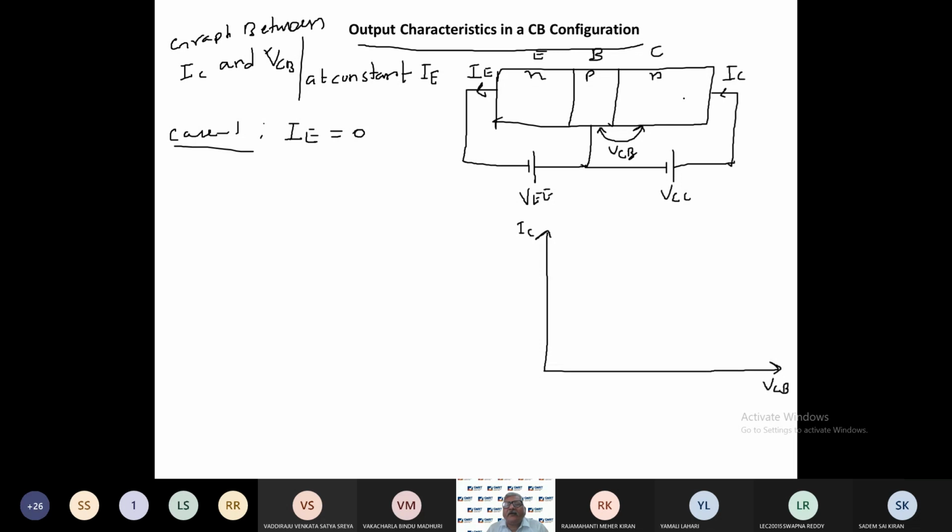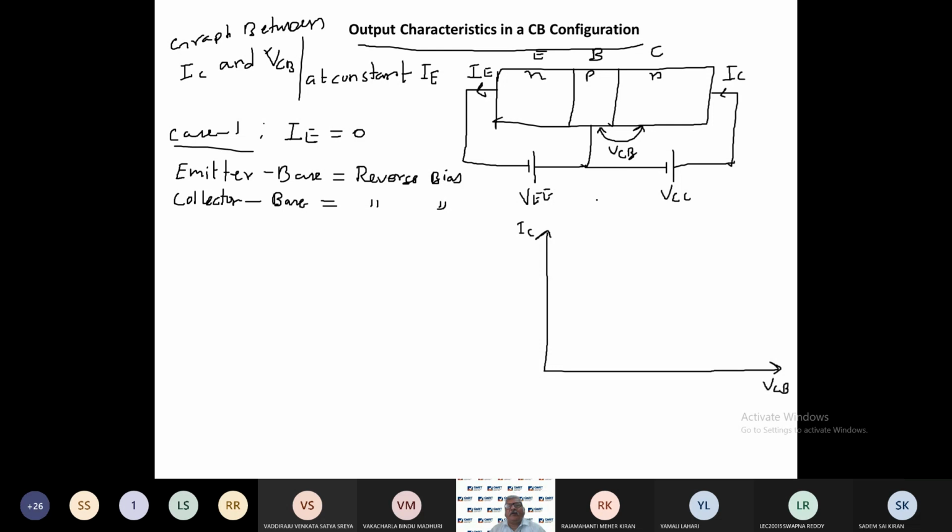No electron from emitter is coming because you have not applied any voltage across the emitter base junction. So emitter base is reverse bias, and collector and base is also reverse bias.